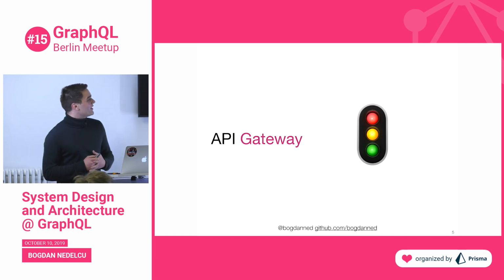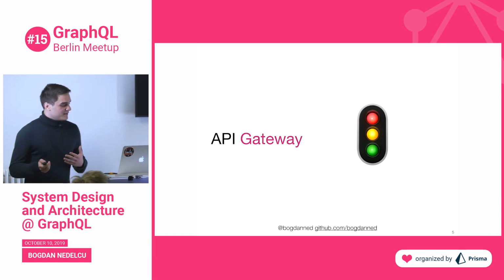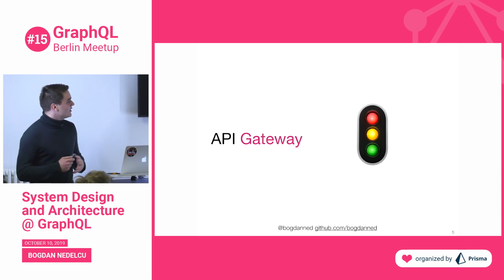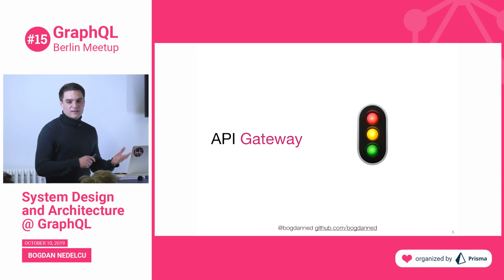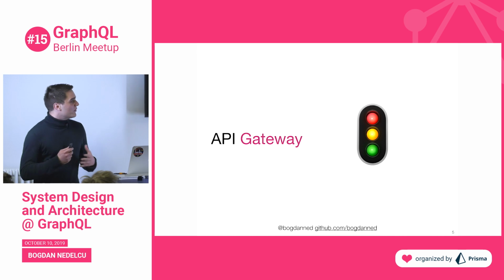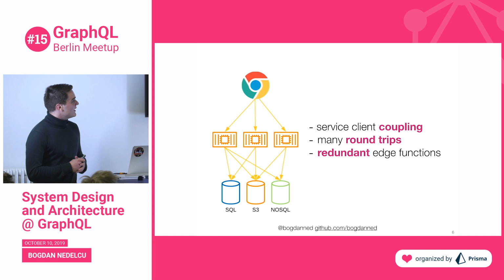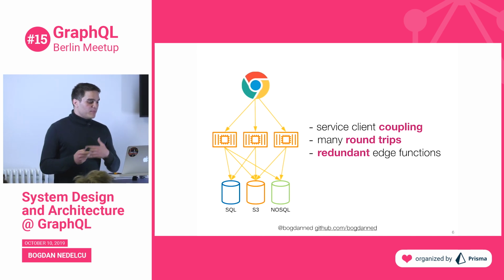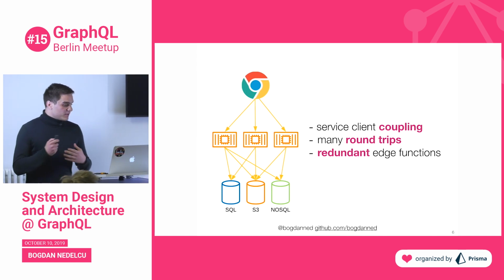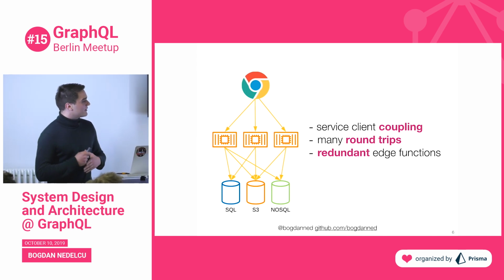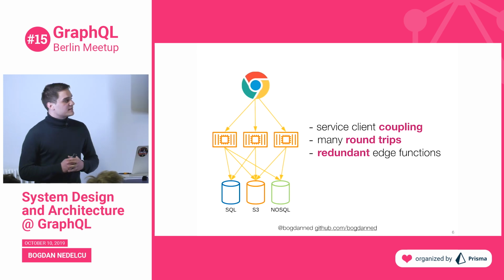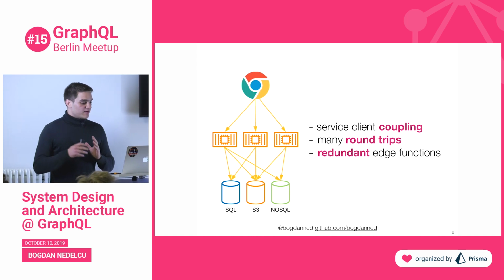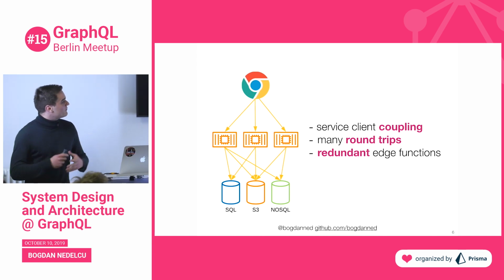First, the API gateway. The API gateway pattern has been used a lot outside GraphQL in microservices, mostly together with a proxy pattern. Before using an API gateway, the main problem is that we have a client, in the traditional REST architecture, and a couple of backend services.